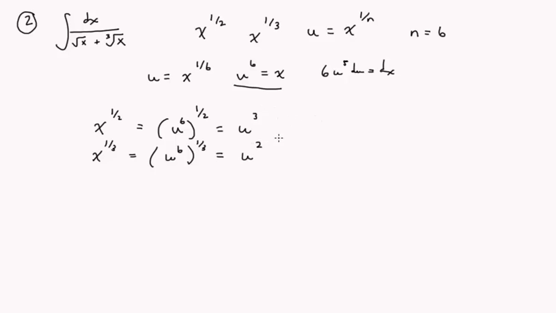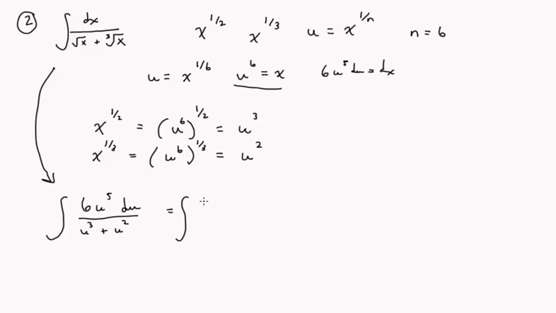So if we make our substitution from here to here, then dx we learned is 6u to the 5th du. The square root of x becomes u cubed, and the cube root becomes u squared. So there's our initial substitution.